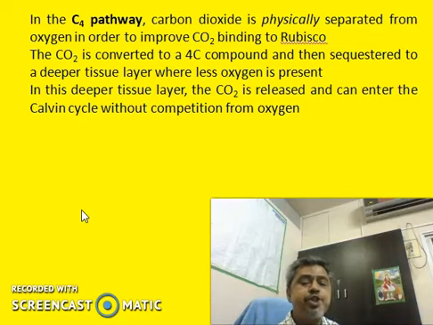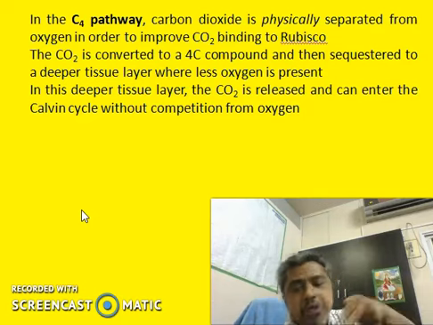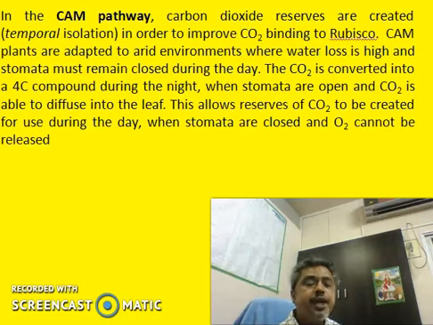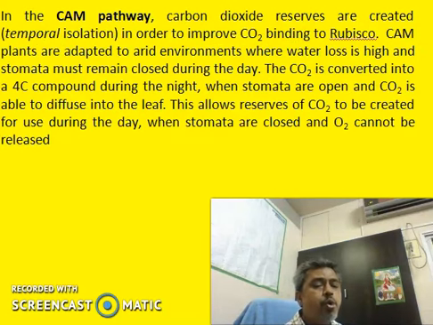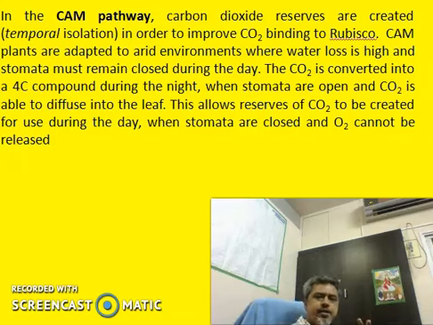In this deeper tissue layer, the CO2 is released and can enter the Calvin cycle without competition from oxygen. And in the CAM pathway, carbon dioxide is reserved, in order to improve CO2 binding to Rubisco. CAM plants are adapted to arid environments where water loss is high.